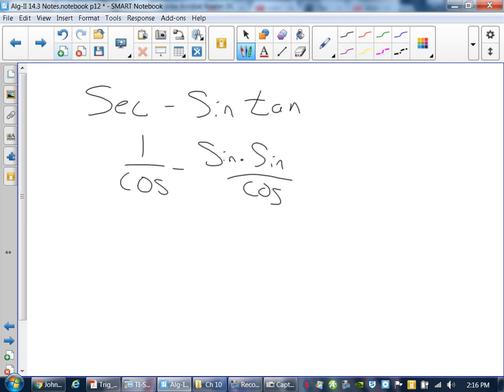Now, remember, this first sine value is over 1, so I can just multiply those two together. So I wind up with a common denominator of cosine, which gives 1 minus sine squared, and 1 minus sine squared is cosine squared.